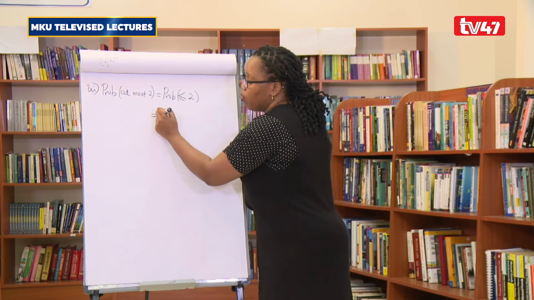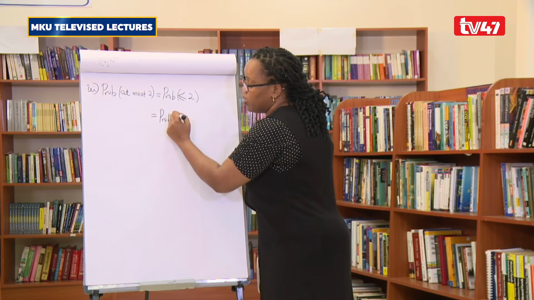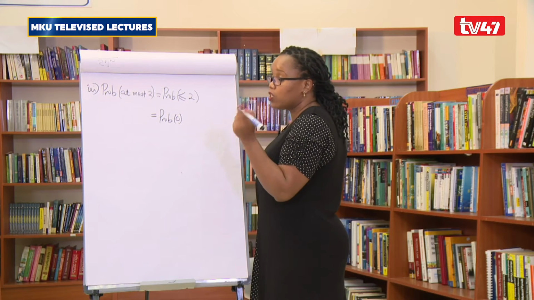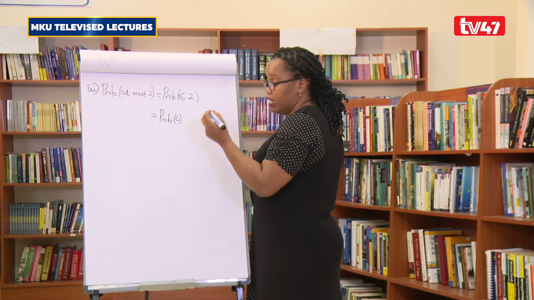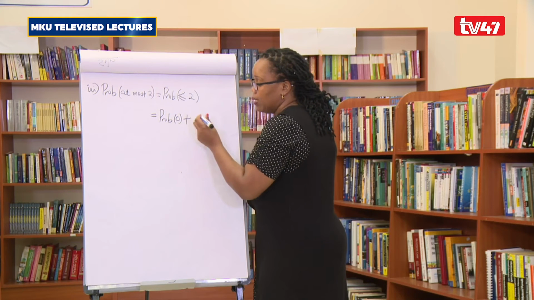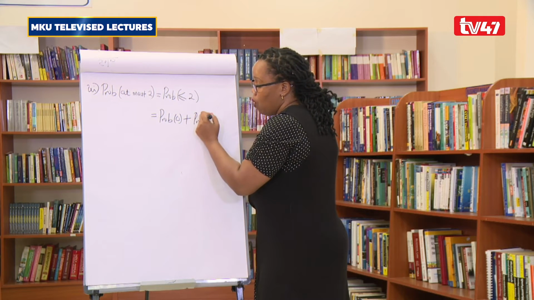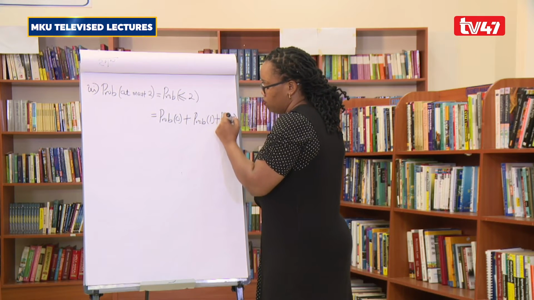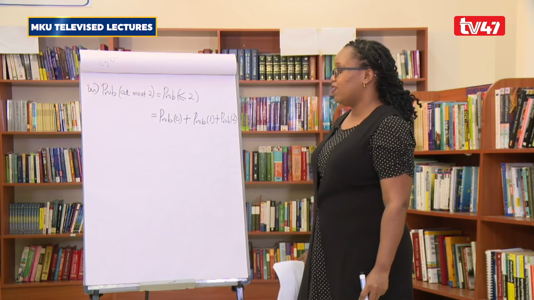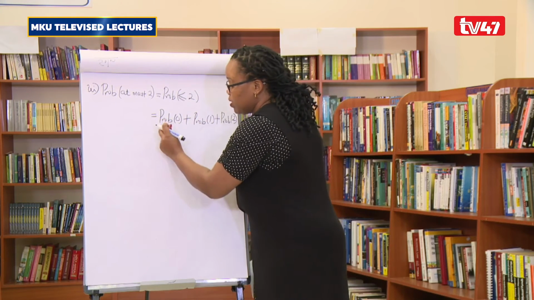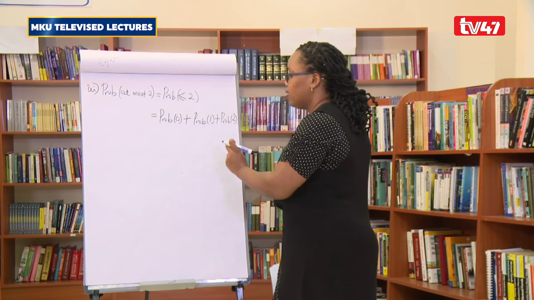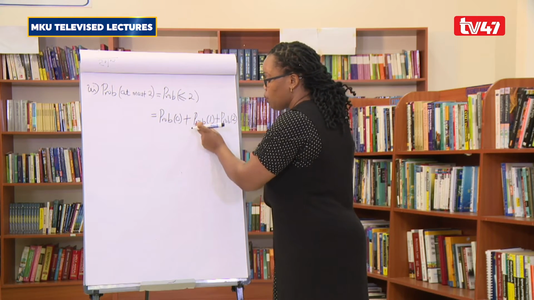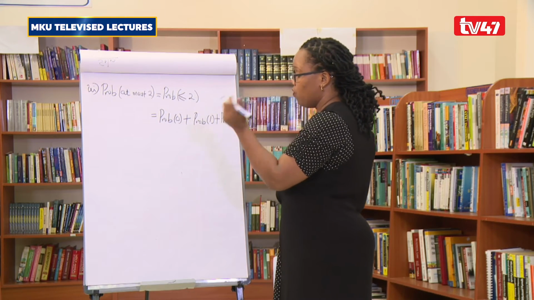So the probability of 0 or, the conjunction or is replaced by addition, so plus the probability of 1 plus the probability of 2. Good. So that means we have to get the probability of 0, add to the probability of 1, add to the probability of 2.